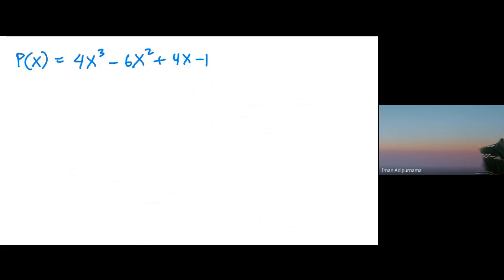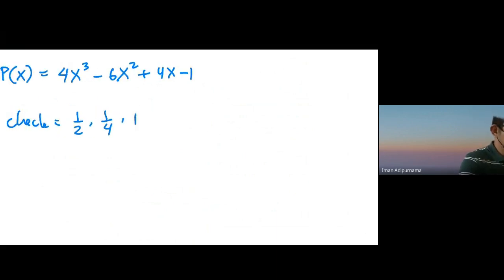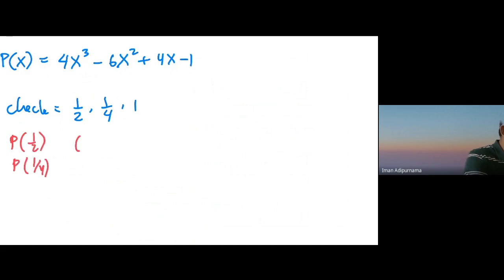So the possible roots we can check are half, 1/4, and 1. We can check the positive ones one by one.